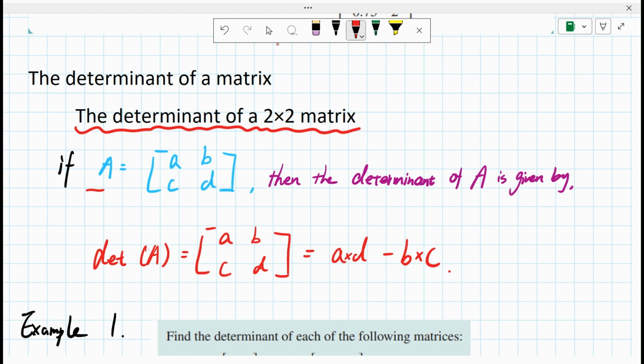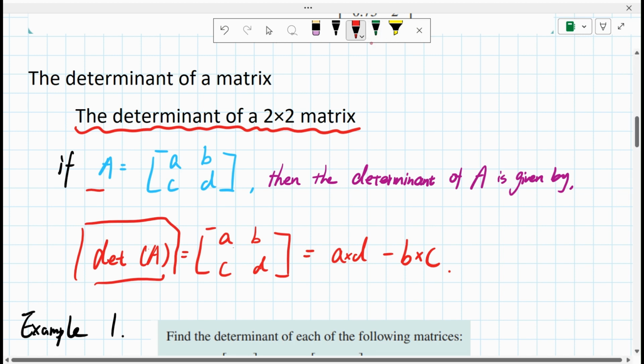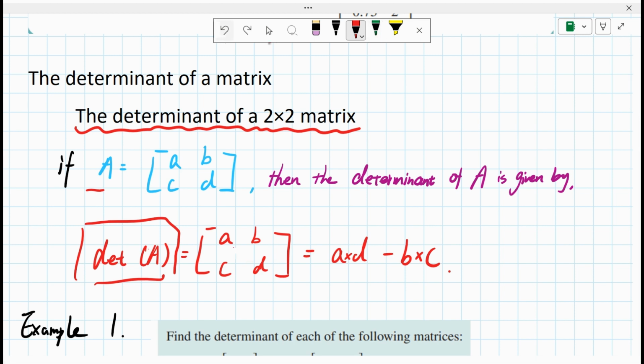If A equals the matrix with entries a, b, c, d, then the determinant of A is given by a times d minus b times c.